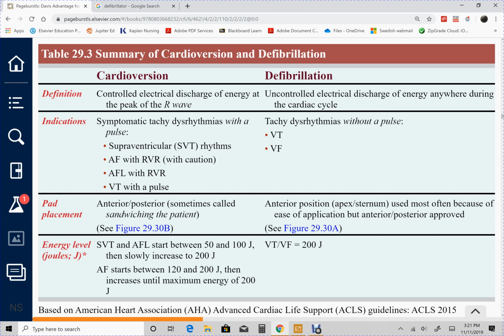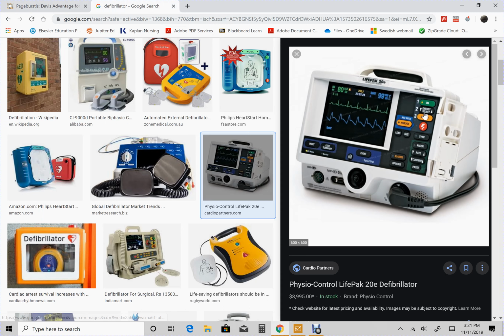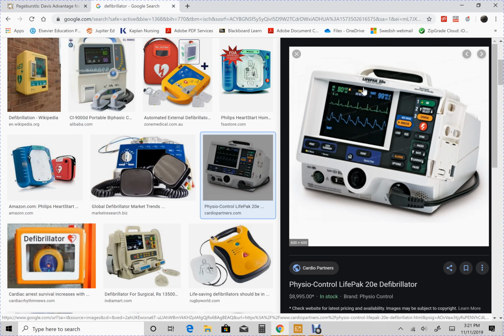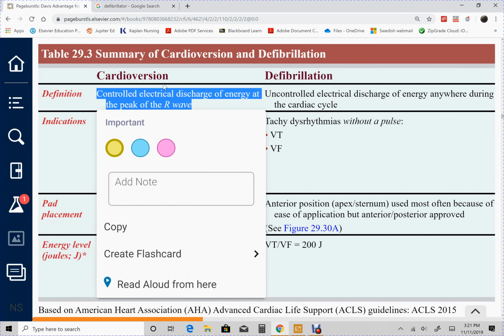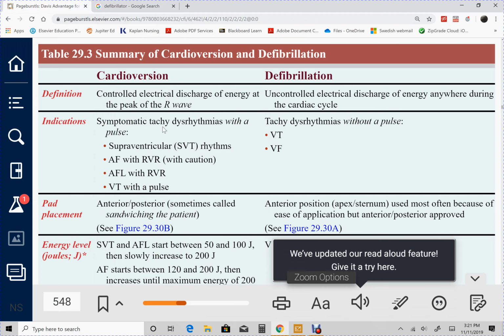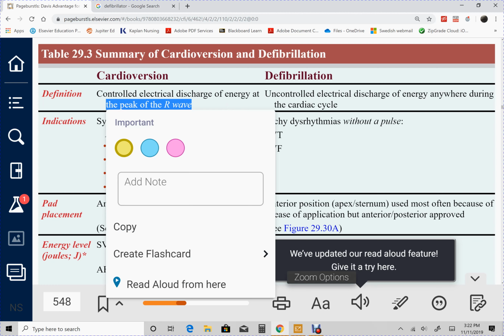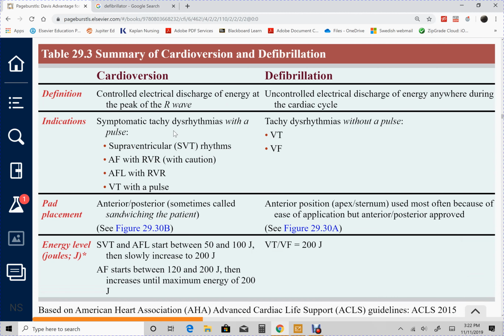Cardioversion is controlled, because the key here is to press this sync button right here, and then the machine becomes a cardioverter, and won't uncontrollably fire the electrical shock. The shock will be delivered only at the peak of an R wave, and that will restart the heart, converting it back to a sinus rhythm.